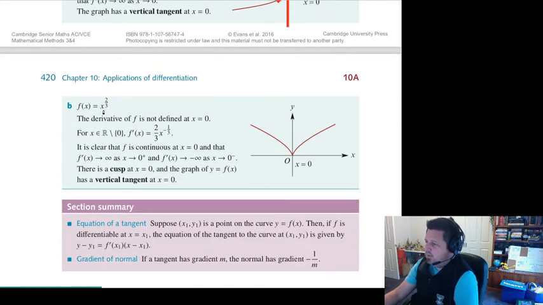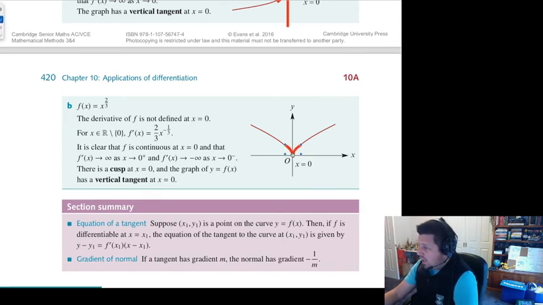Likewise, same difference here. Here's a different equation, f of x equals x to the 2 over 3. Again, the derivative of f is not defined at x equals 0, as it says here. However, you can see it is clearly continuous at that point. I could draw that point of the graph without taking my pen off the page. However, it's a cusp there.